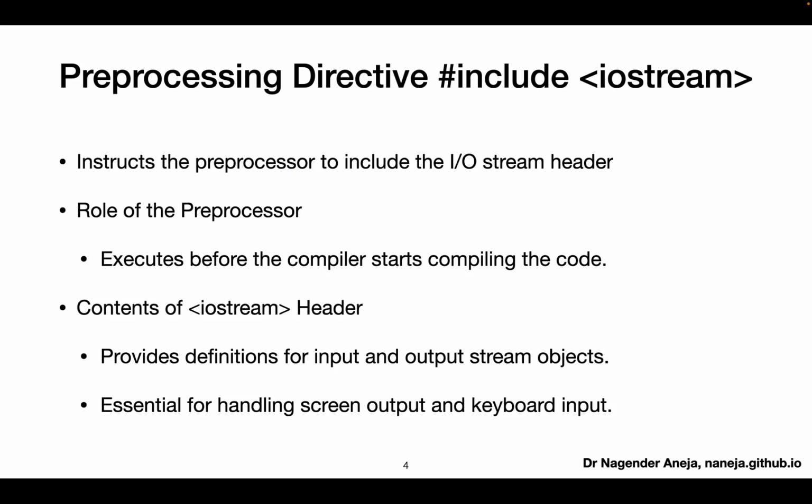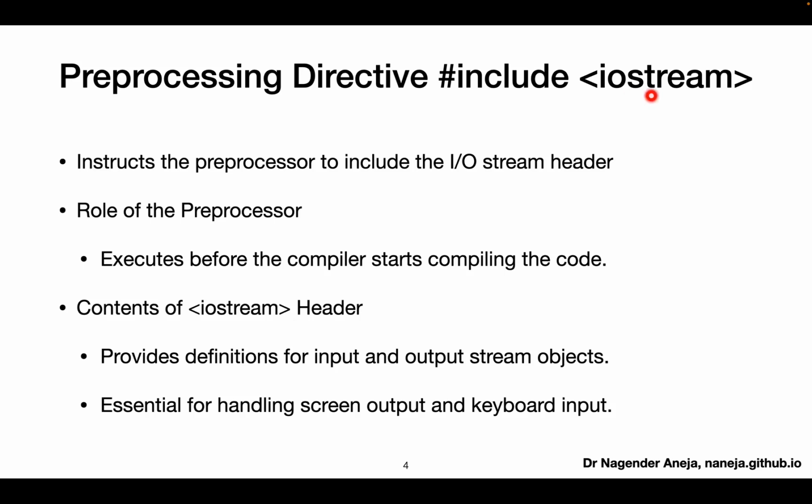Something is already written, so we just want those things to be included in our file. The preprocessor executes before the compiler. The compiler will check for syntax errors and create an executable file, but before that the preprocessor includes the contents of IOStream into our file. These contents may be some definitions, objects, or declarations.